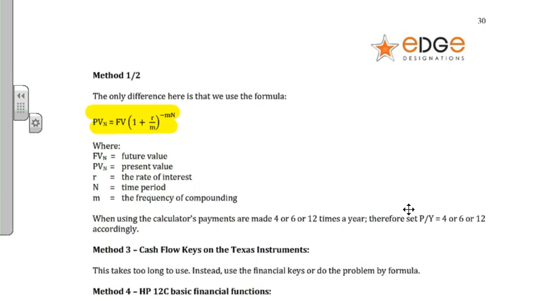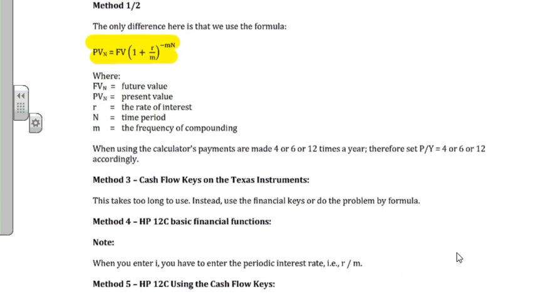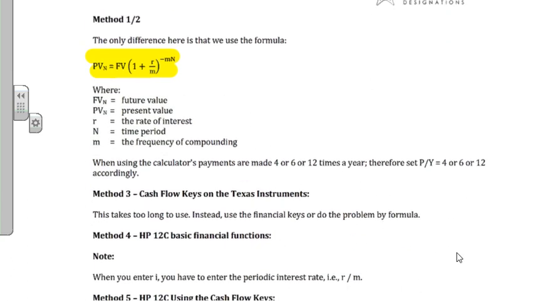Good news, well, semi-good news: unlikely to come up with something like this, guys, just generally due to the length of it. Unfortunately the cash flow keys on the Texas would not be able to do it, it'll just take you way too long, and most of the time we need to solve it via this horrible looking formula.